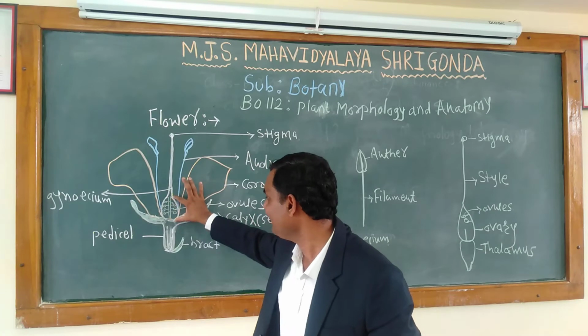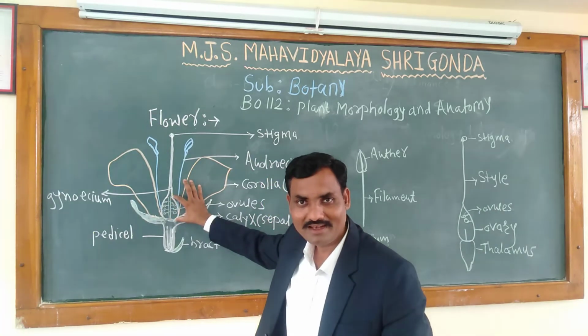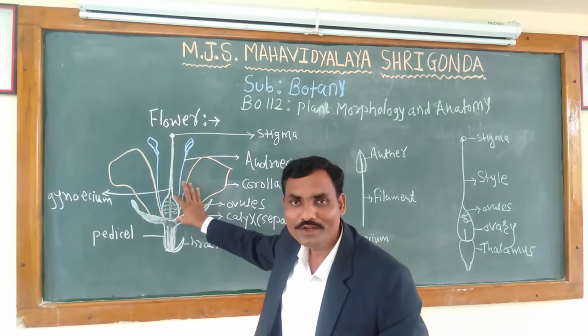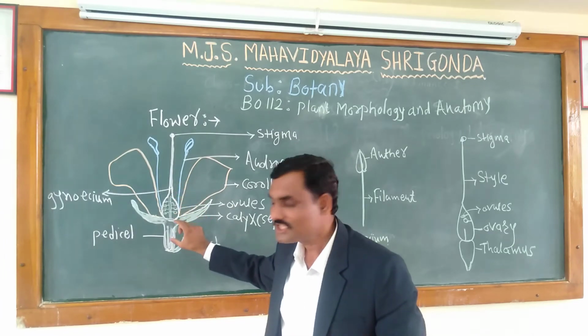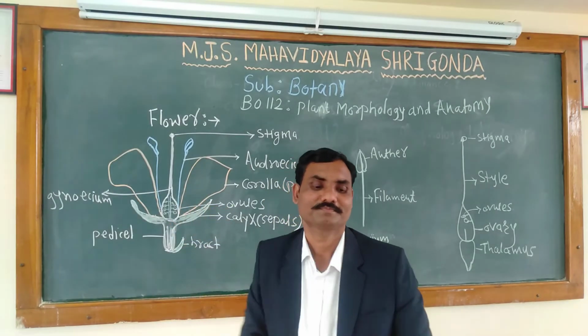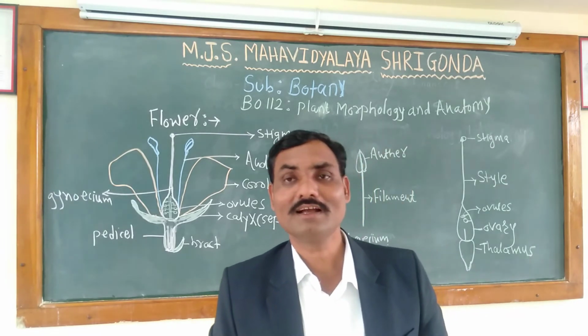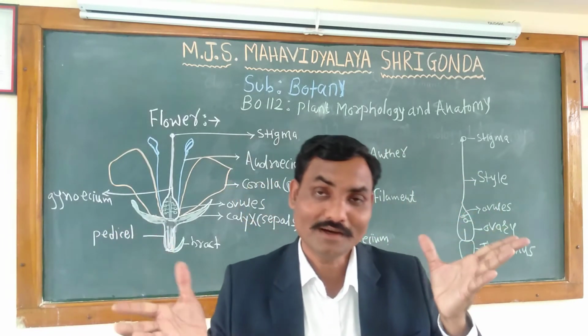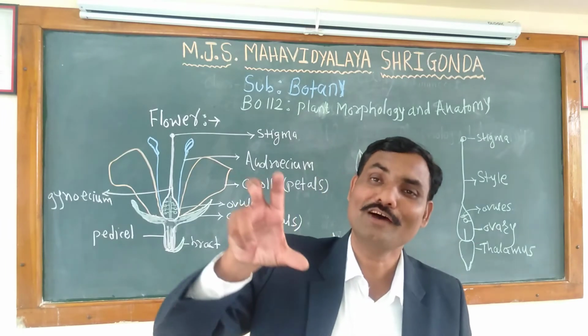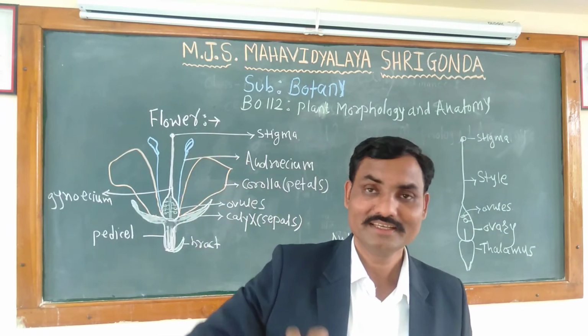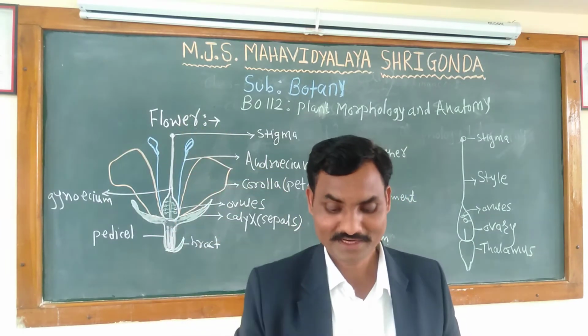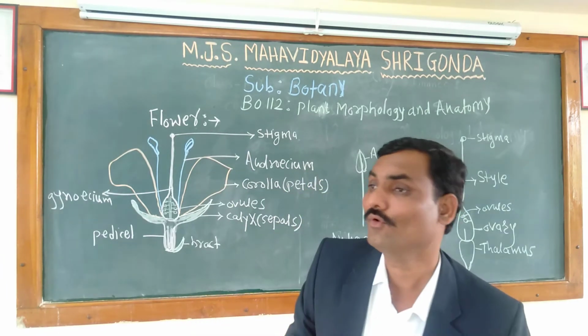This pistil is called a carpel, also known as the ovary, attached to the thalamus. Then this prolongation of the receptacle is called a carpophore. In some plants, the thalamus is elongated and forms a carpophore.